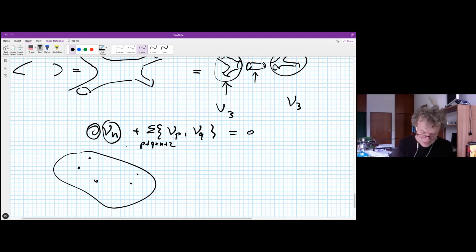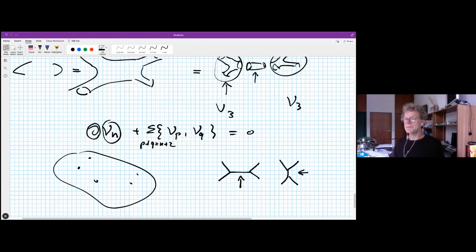So basically what this equation is telling you is the following. If you have the S channel amplitude and you have the T channel amplitude, and now you can make this length go to 0 and you can make this length go to 0, they should meet. Right? The diagram which you get when you make this length go to 0, and the diagram which you get when you let this length go to 0, are actually the same, they meet in the middle.